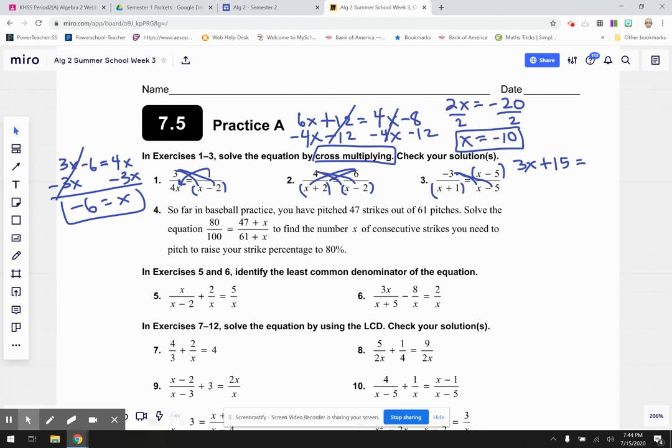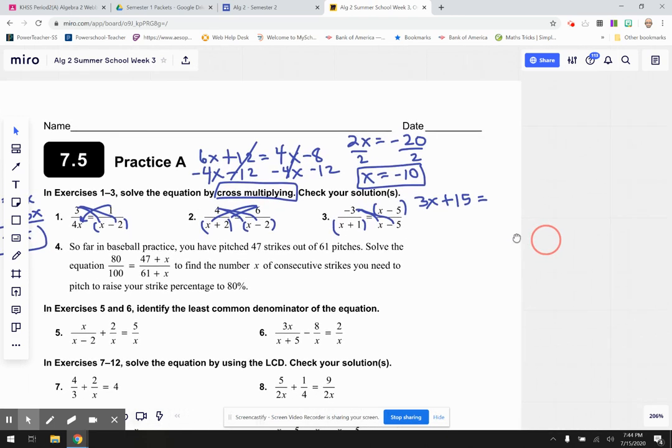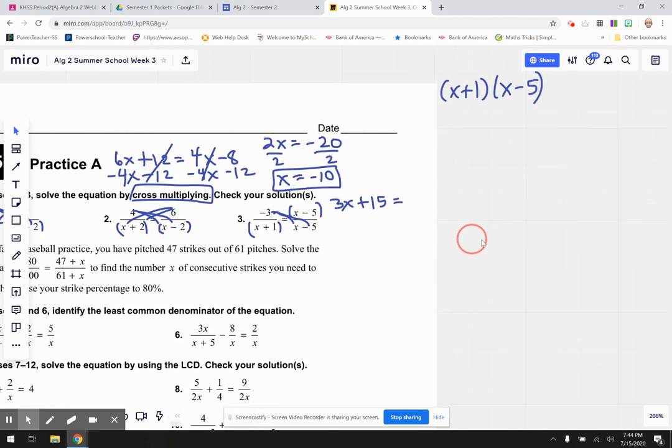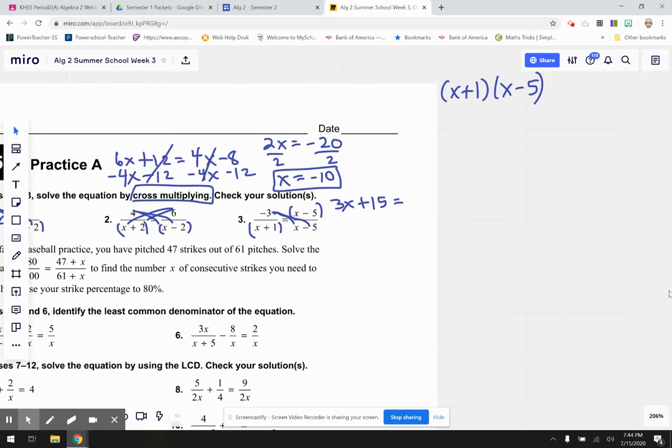So up here at the top, I'm going to show you how to do that, FOIL. So x plus 1, x minus 5. Just to remind you of how to do FOIL, you're going to multiply the first terms. That's the F in the word FOIL. So x times x is x squared.